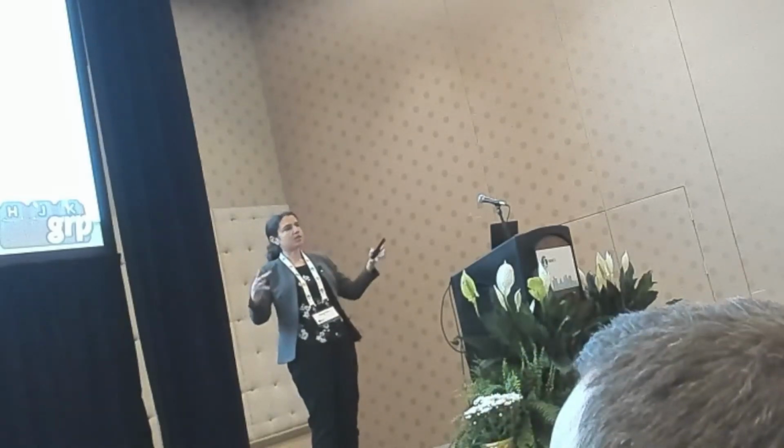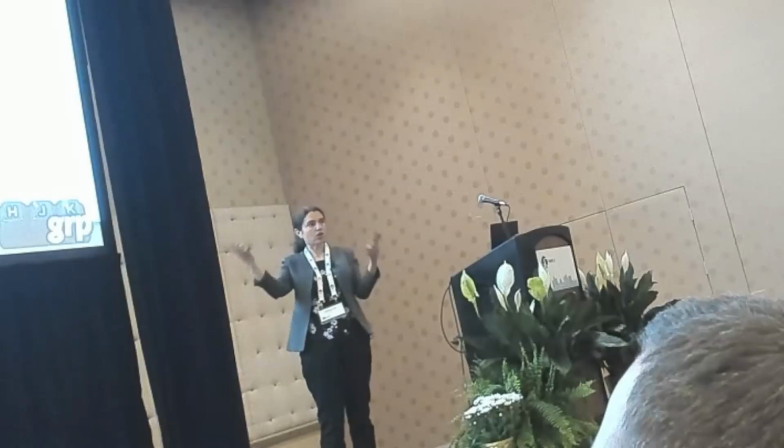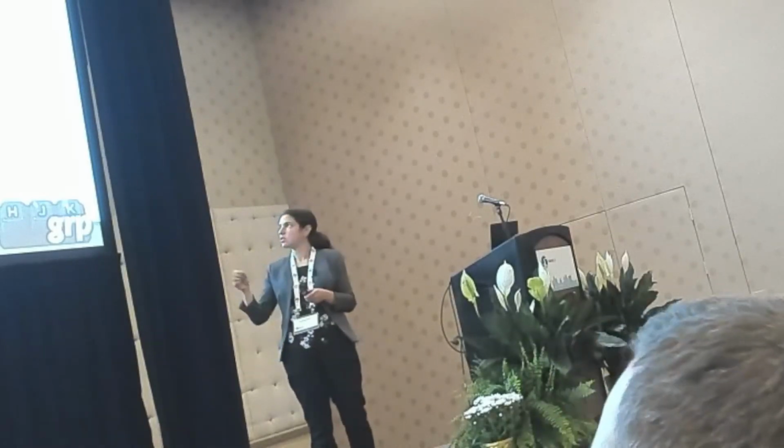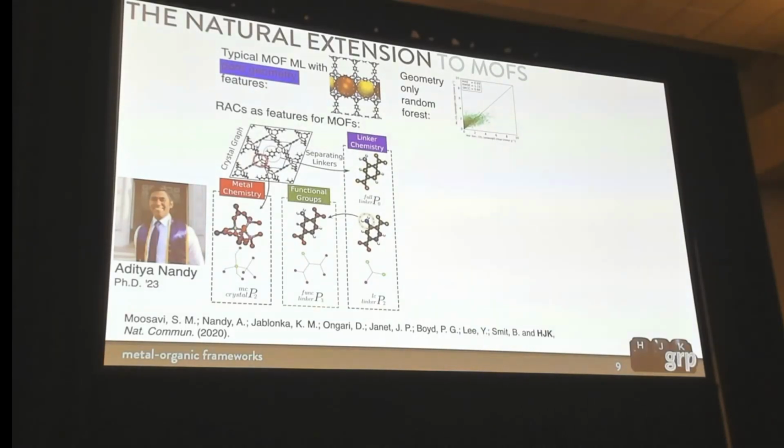Here, a chemist typically talks about the domain of the secondary building unit, the linker that connects those secondary building units, and the functional groups, but they're not used to thinking about this. So what we did was define revised autocorrelation scopes that either focused on the secondary building unit, the linker, or the functional groups.